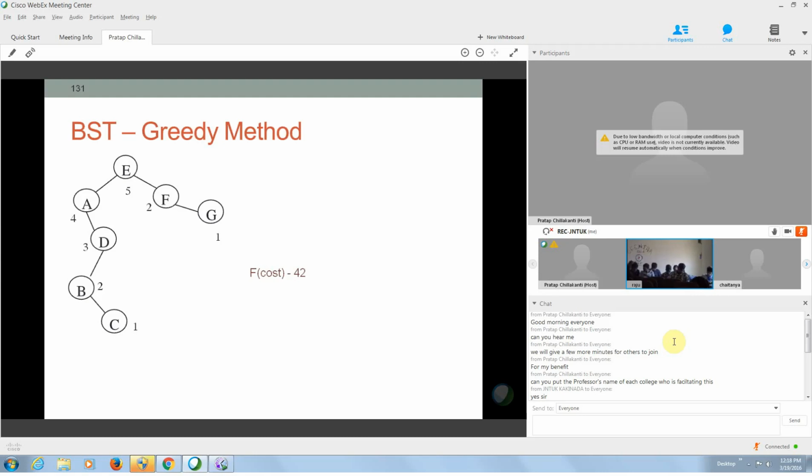After you do the exercise, you will see the solution. By rearranging the tree like this, your cost of accessing all the nodes will go down to 42. In the earlier case, it was 51.